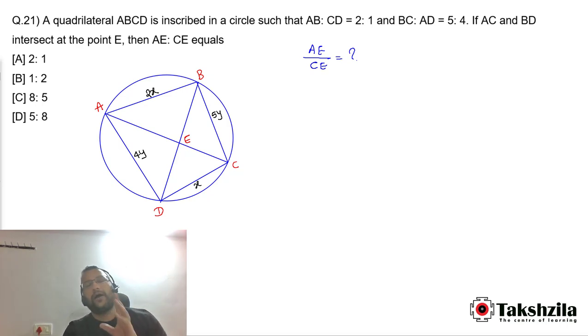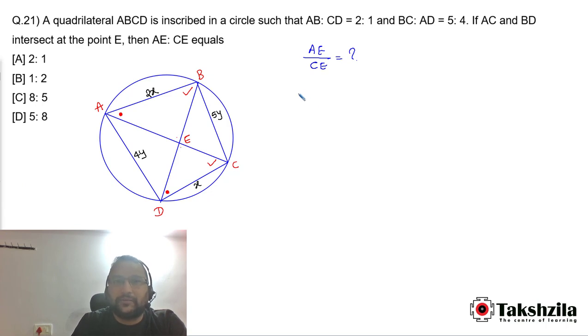Here we can use the properties of arcs. You can see that this angle is equal to this angle. Similarly, this angle is equal to this angle, and these are two opposite angles. So from this we can see that these two triangles are similar. Which two triangles are similar?